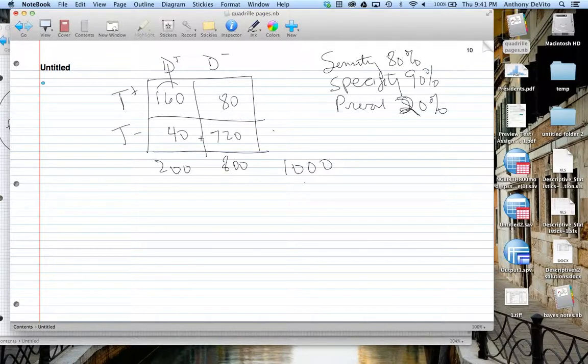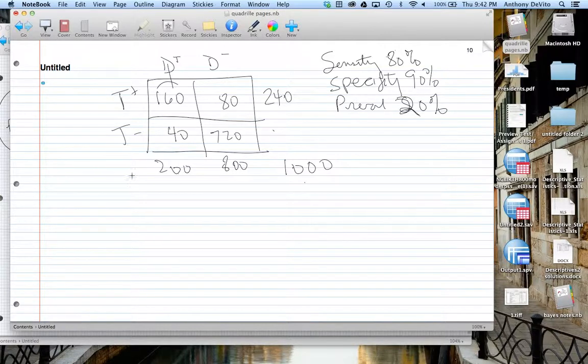So if I look now and I say to myself, what's the total number of people that tested positive in this population? It would be 160 because they had the disease and were correctly identified, and 80 because they were false positives. They were people that tested positive even though they didn't have the disease. That adds up to 240.